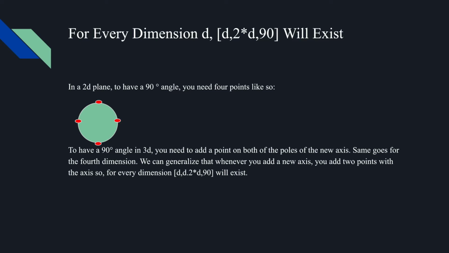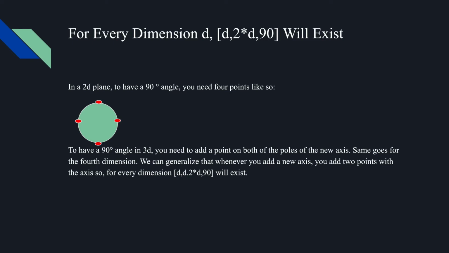And when you add that axis, you're going to have 2 poles on the axis, one at the highest point and one at the lowest point. And in the middle will be where this 2D plane intersects that. So that means to add 2 points, you add one at the top of that new axis and one at the bottom.